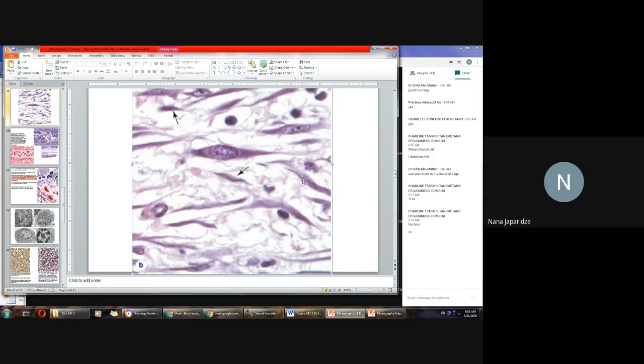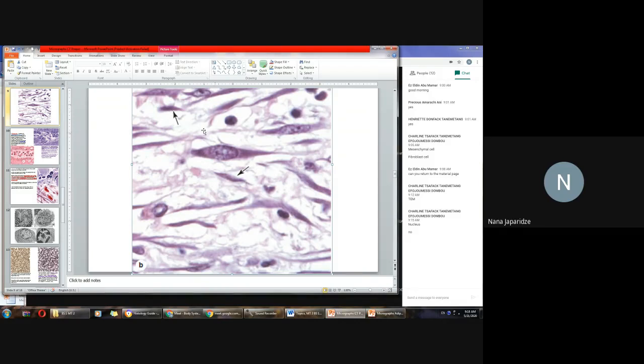Look, fibrocyte. They have a much thinner, flattened nucleus, smaller. They are much smaller cells in comparison with the fibroblast. And their nuclei are dark stained because the chromatin is tightly packed, and they are inactive, less active cells.